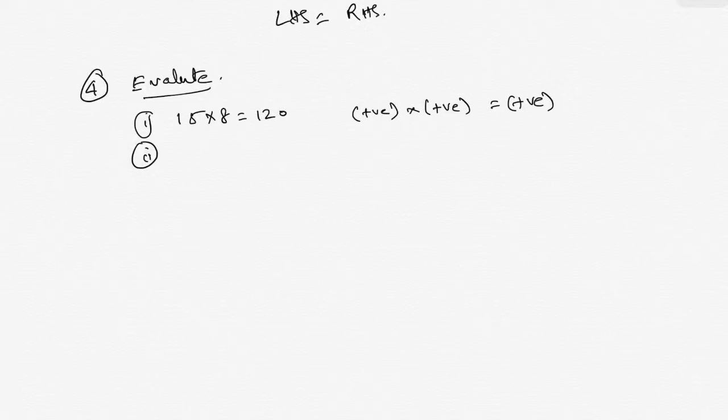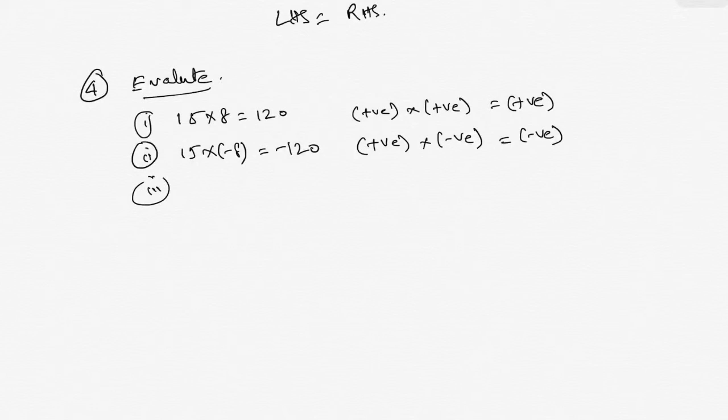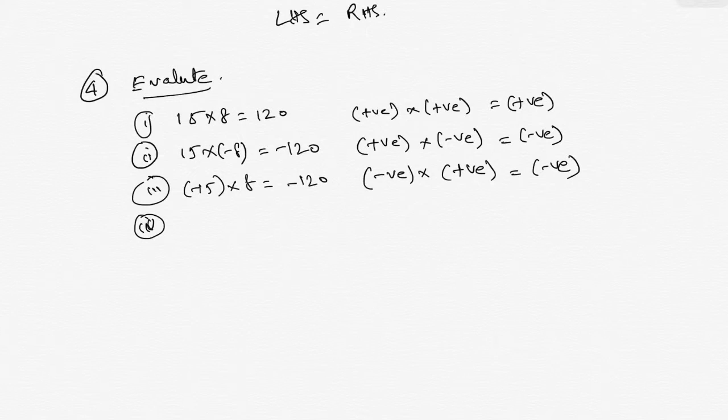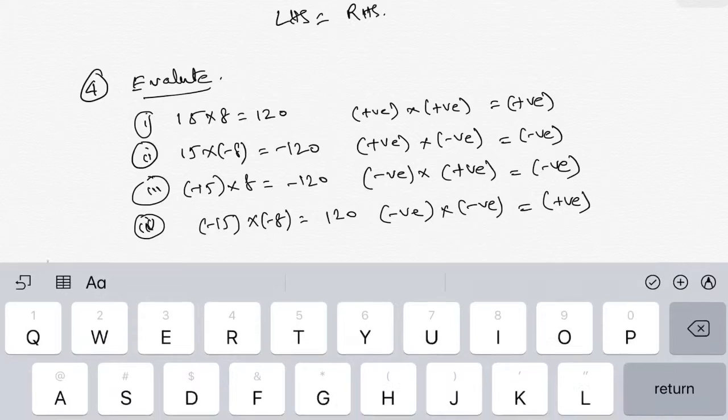Now 15 into minus 8 is minus 120, because the product of a positive integer and a negative integer is a negative integer. Third, minus 15 into 8 is minus 120, because the product of a negative integer and a positive integer is a negative integer. Now the fourth one, minus 15 into minus 8 is equal to 120, because the product of two negative integers is a positive integer. So this is also done.